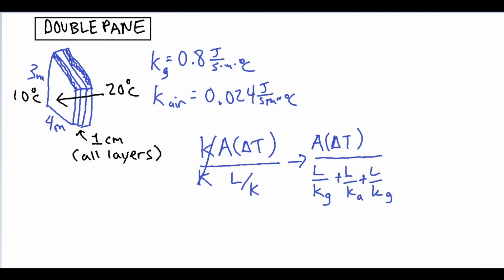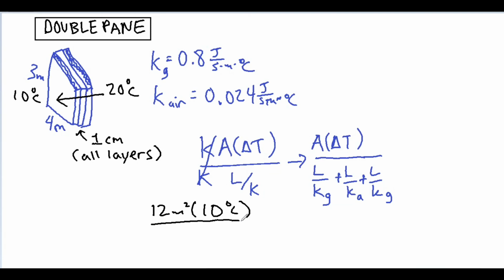So all we have to do is some plugging in here. Again, we have a 3x4 window, so it's going to be 12 meters squared. Our delta T is from 10 to 20, 10 degrees Celsius as our heat transfers from one side to the other.